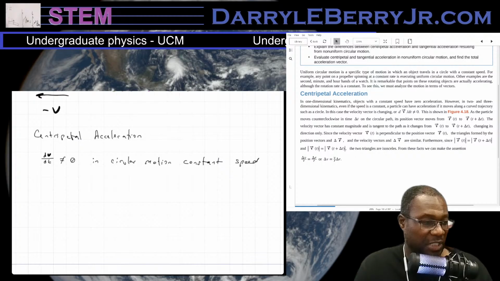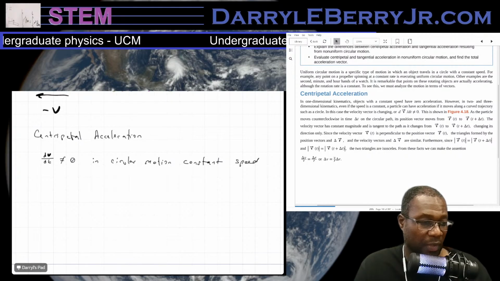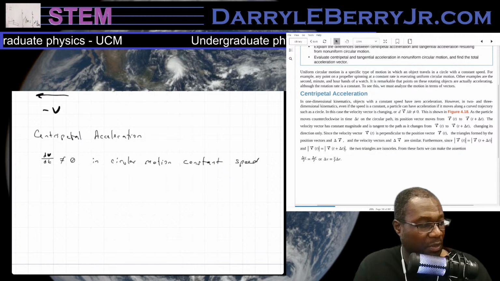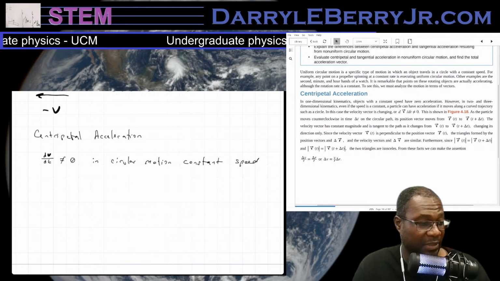If the velocity vector is perpendicular to the position vector, the triangles formed by the position vectors and change in r, and the velocity vectors and change in v, are similar. Furthermore, since the magnitude of r(t) equals the magnitude of r(t+Δt), and the magnitude of v(t) equals the magnitude of v(t+Δt), the triangles are isosceles.